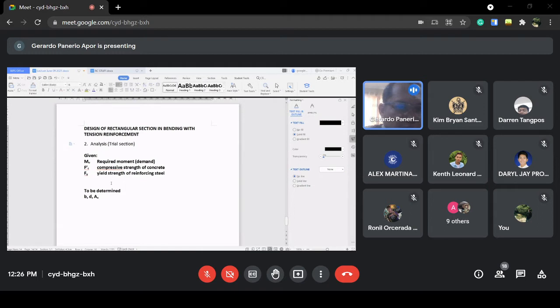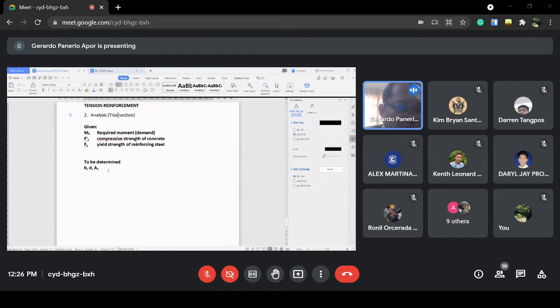It's required, but to be determined is the trial section. What is in the trial section? You need the D, and the ES. ES, remember, is the symbol for compressive tension reinforcement.